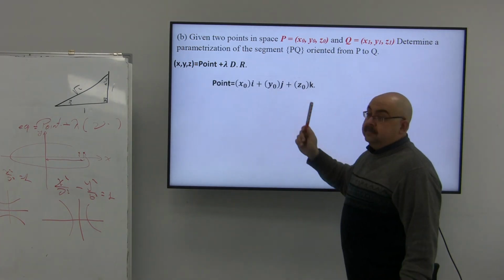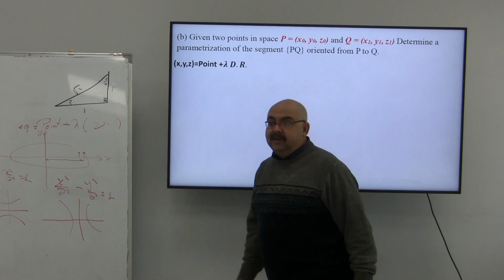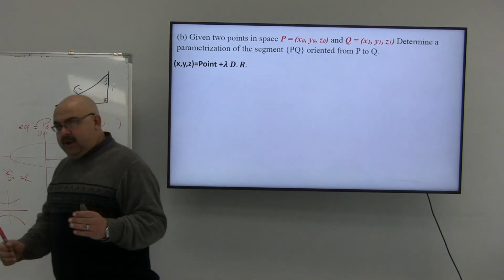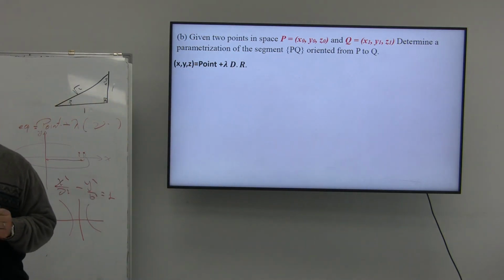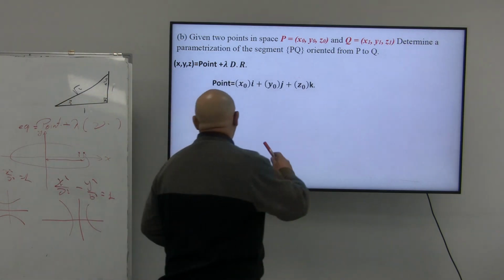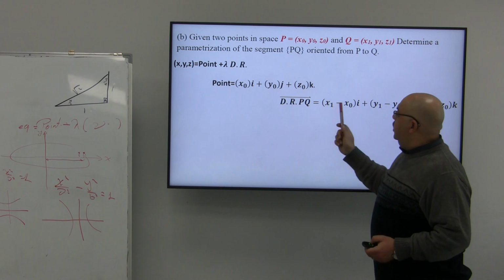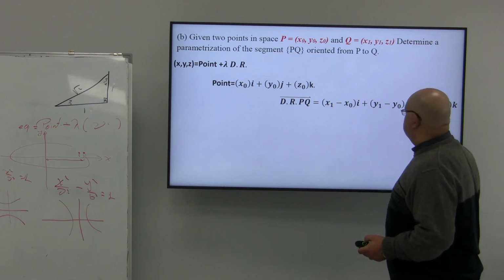Is that the Cartesian form? Yes, this is the parametric form. X, Y, and Z will equal these values corresponding to a new variable, which is lambda, that belongs to R. Lambda moves this equation into the parametric plane. So now I will use this point, which is x naught, y naught, z naught, and then I will get x1 minus x naught, y1 minus y naught, z1 minus z naught.